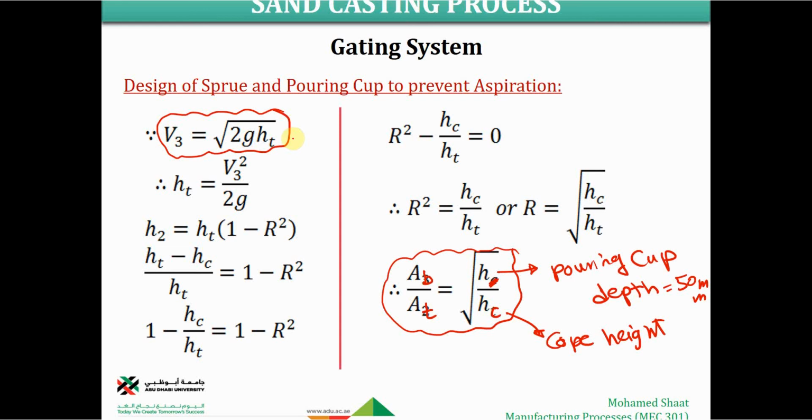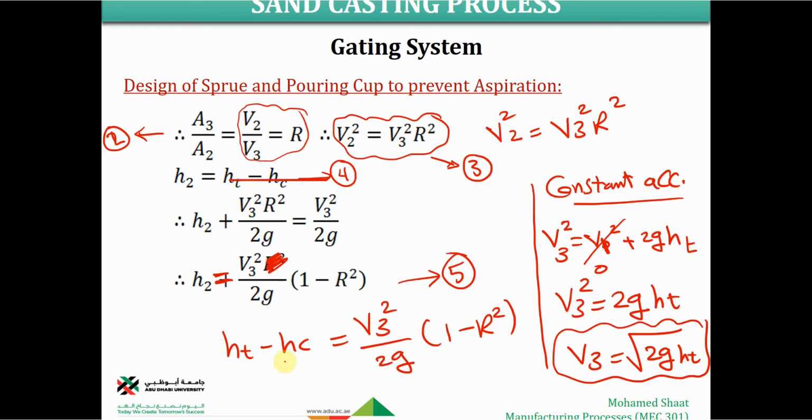So if we substitute this equation number 6 into this expression here, this is a relation between HT and V3. Simply from this relation, I can say that HT equals V3 square over 2G.